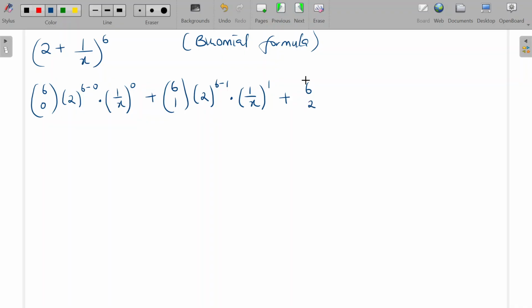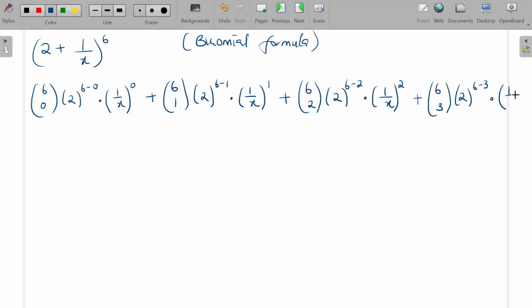6 combination 2, and you're going to get the first component raised to the power 6 minus 2, dot product of 1 over x raised to power 2. Then plus 6 combination 3, then you get the first component 6 minus 3, dot product of 1 over x raised to power 3.